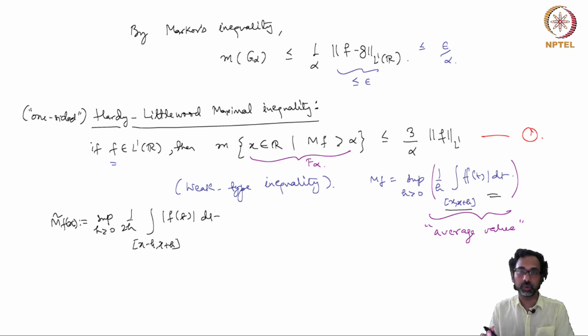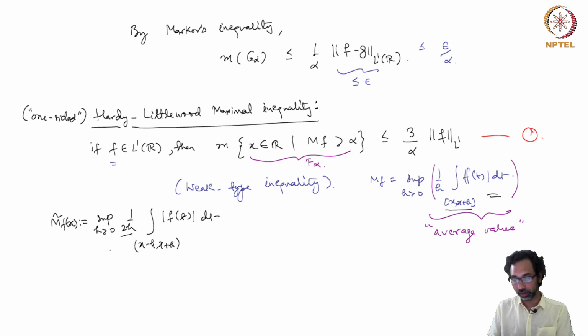So our Euclidean balls of radius r are now replaced by these kinds of intervals. You can take open if you want, it doesn't matter here. Here we have the measure of this interval, and we have proved the maximal inequality for this M tilde rather than M, because we have used the measures of balls centered at x with radius r.